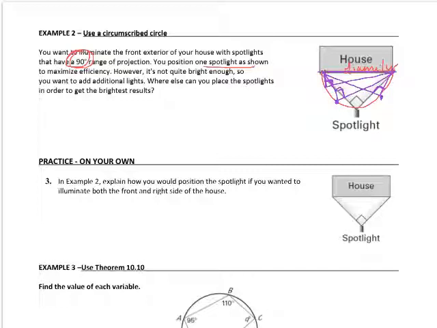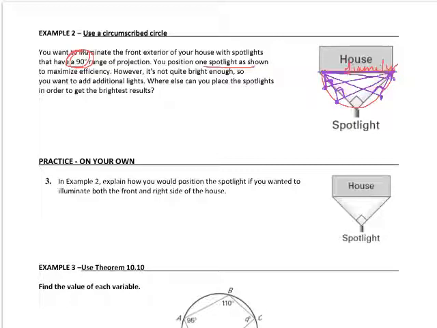The diameter of the semicircle is going to be the hypotenuse. So I could add another one over here. As long as it is going to be a right triangle, those are the points at which I could add in more spotlights. Okay, so that's theorem 10.9 in a practical application.